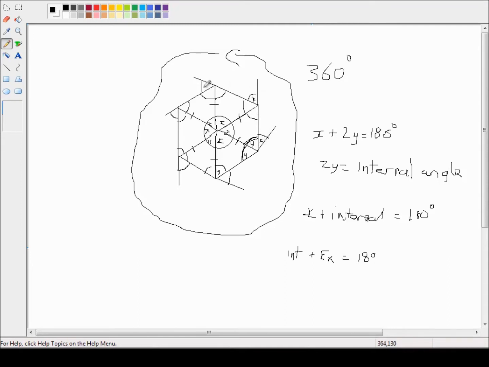So that argument of why can't we just walk around the inside and go all the way around in a circle, that sort of does actually work, but it's the external angles that you're rotating through, not the internal angles. The internal angles are actually supplementary to the external angles, which all add up to 180 degrees.